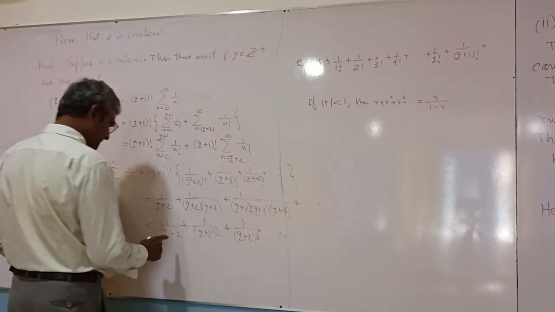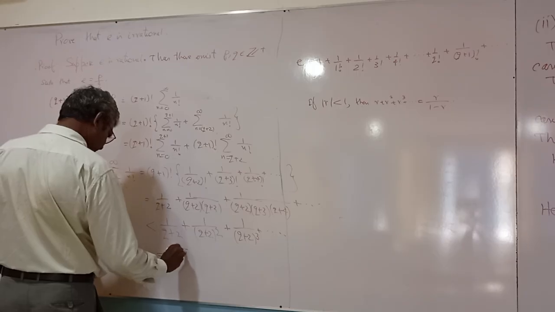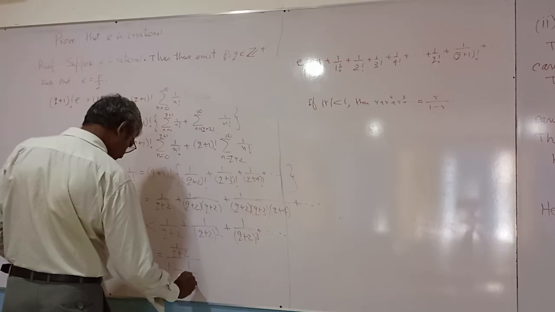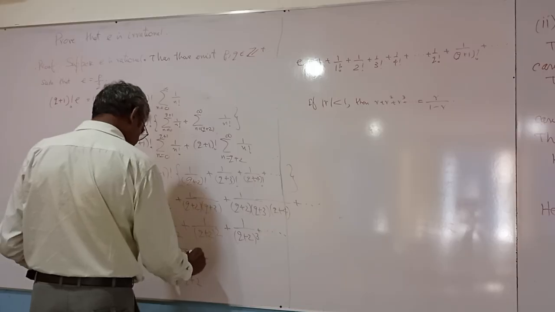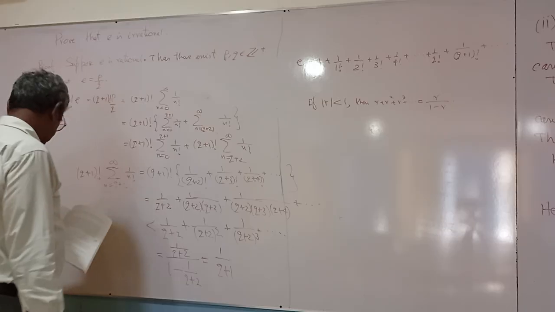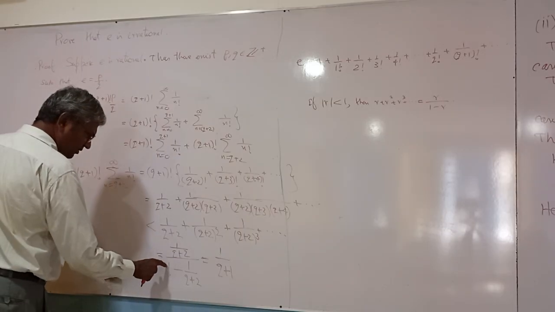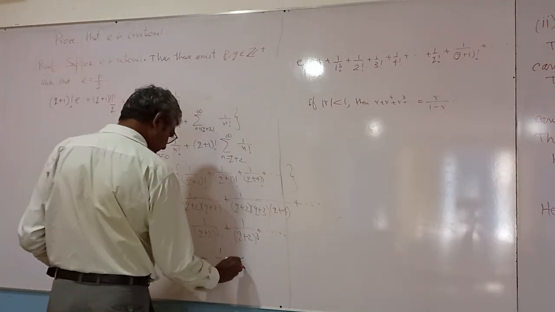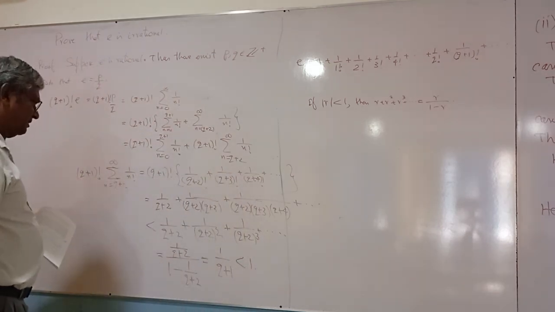The first term is 1 over q plus 2 divided by 1 minus 1 over q plus 2. So q plus 2, q plus 3 cancel out. You get 1 over q plus 1, because q plus 2 minus 1 is q plus 1. Now this guy is smaller than 1.